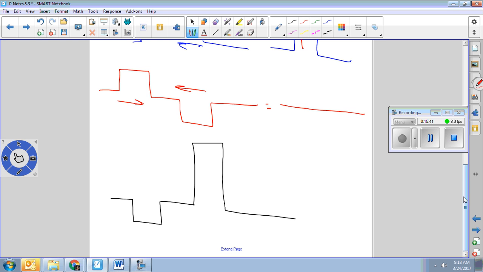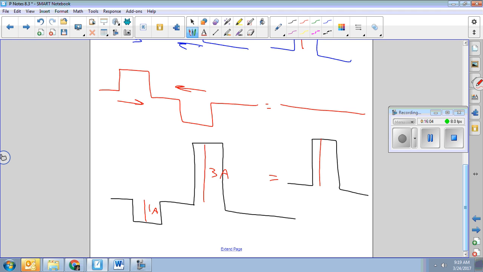So this has an amplitude of, let's say, 1A. And this has an amplitude of, let's say, 3A. What's going to happen where they overlap, you guys? 2A, right? Because it's like -1 plus +3 equals +2.